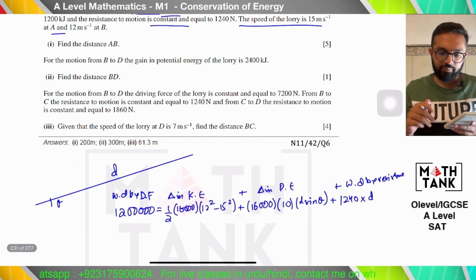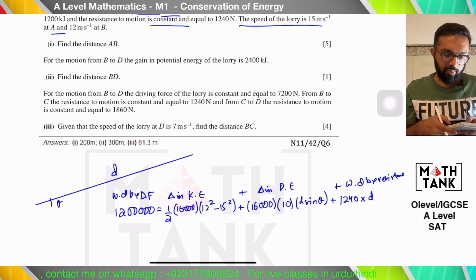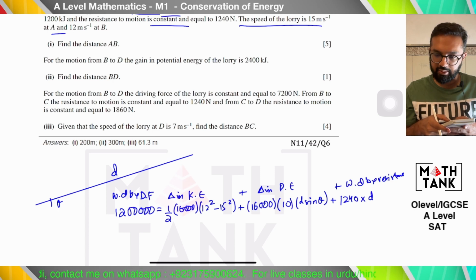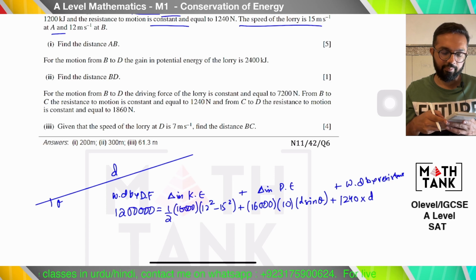Again, putting everything on my calculator, 1200,000 equals 8,000 into (12 squared minus 15 squared) plus 16,000 into 10 into x into sine theta, which is 1 over 20, plus 1240 times x.